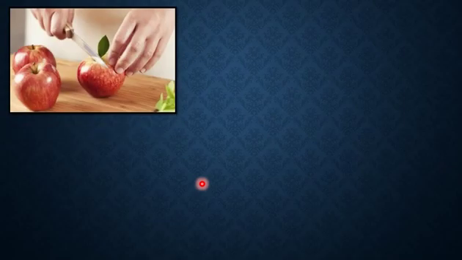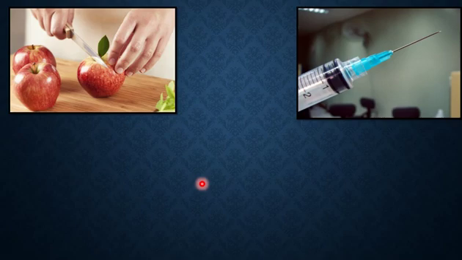Now we will see a few examples here. In this picture, we are cutting fruits with the help of a knife. If the knife is not sharp, if it is blunt, then we have to apply more force to cut the fruit. Also, in this example, you can see this disposable injection syringe.